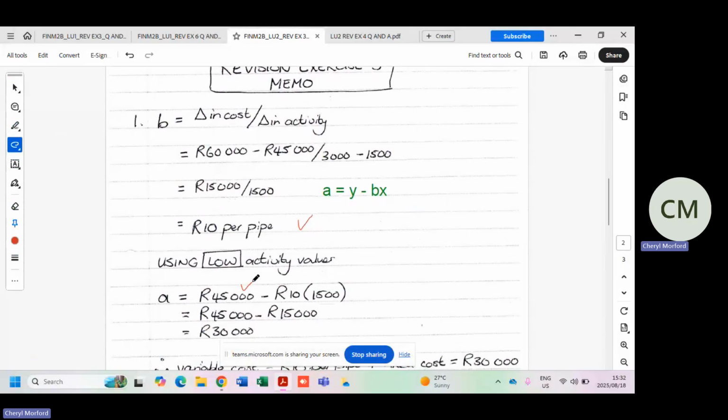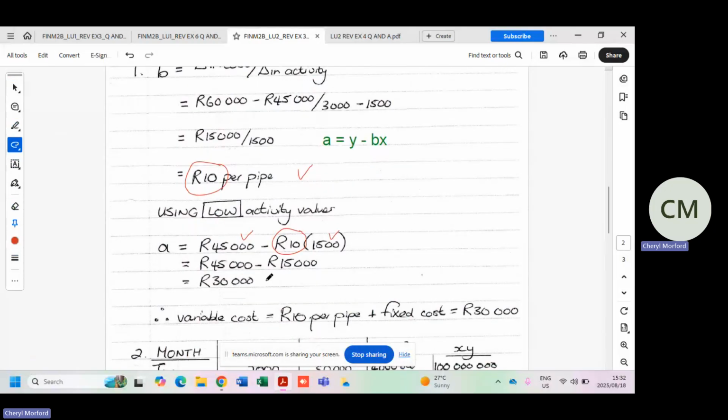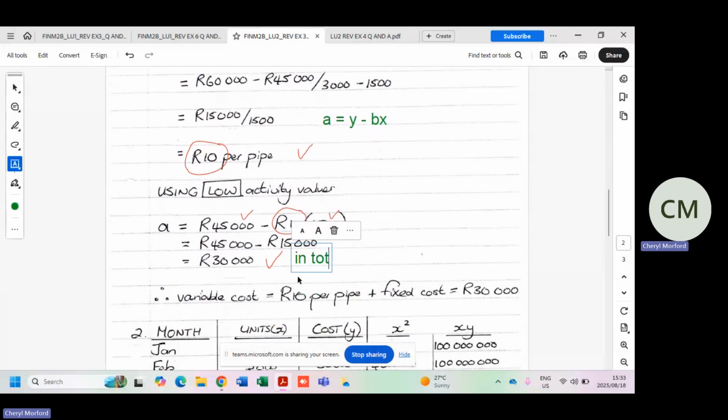We're going to take our lowest number of pipes, which is 1,500. And we're going to use that value that we just found for B, because that is variable cost per pipe. If we do that, we're going to finish up with 30,000 Rand. And that will be your fixed cost, not per unit or anything like that. That will be your fixed cost in total.